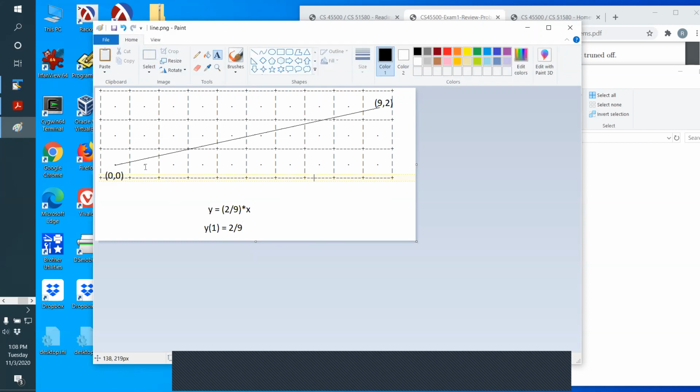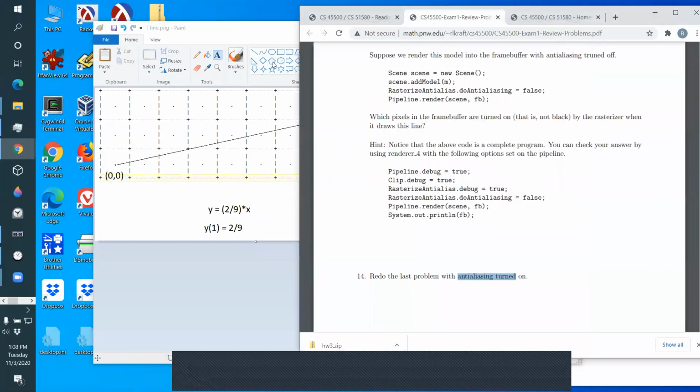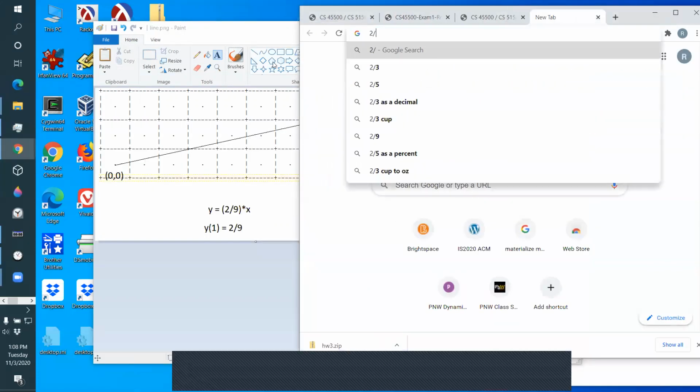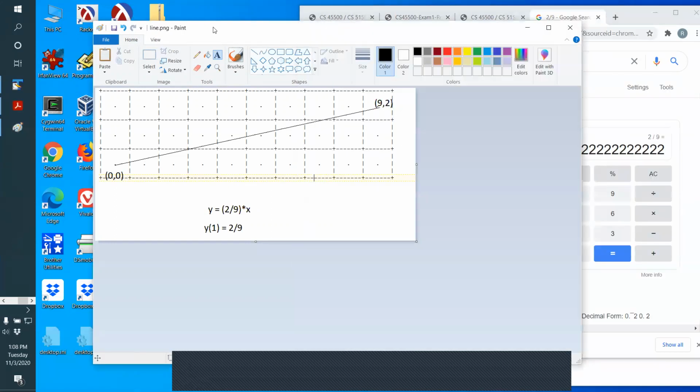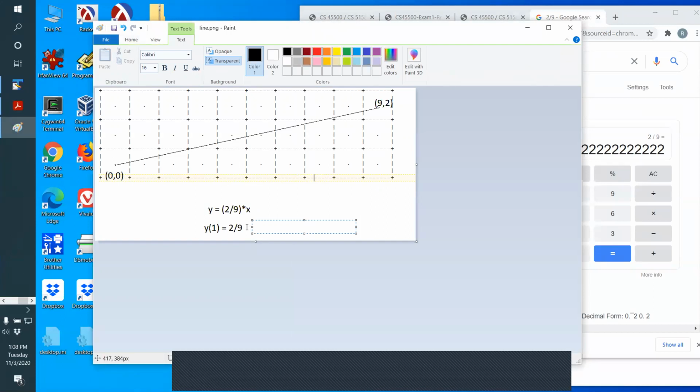So y of 1 is 2/9. What's 2/9 in decimal? 0.22222. So that's 0.22222.